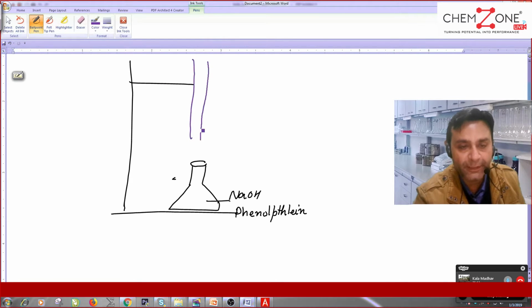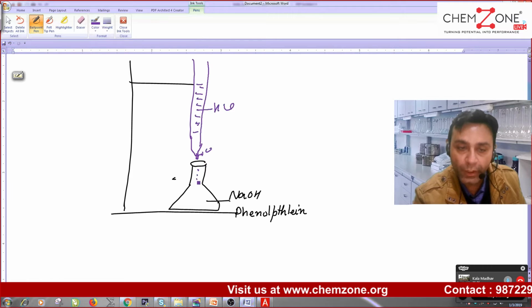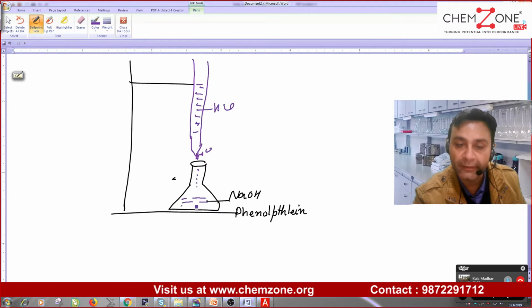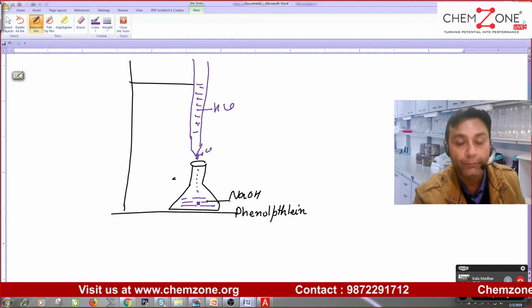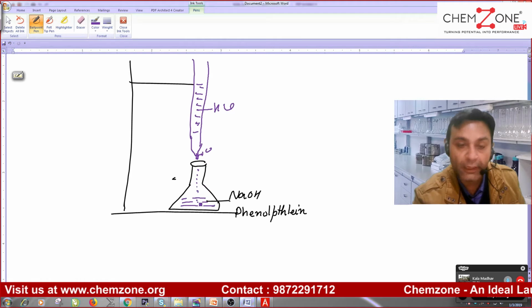Have you seen this apparatus, the burette, in your lab? Yeah, I've seen the burette. Right. And I take HCl in it, and drop by drop, I allow the HCl to drop in. As they go in, what will happen?